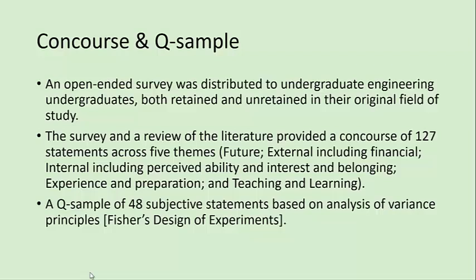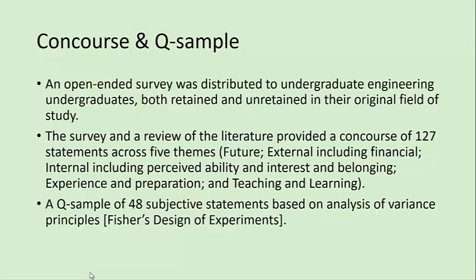And then I also did a survey of the literature, so I ended up with 127 subjective statements about basically ME and engineering programs, the good, the bad, the ugly. So I broke them into structure like we often do for our concourse.